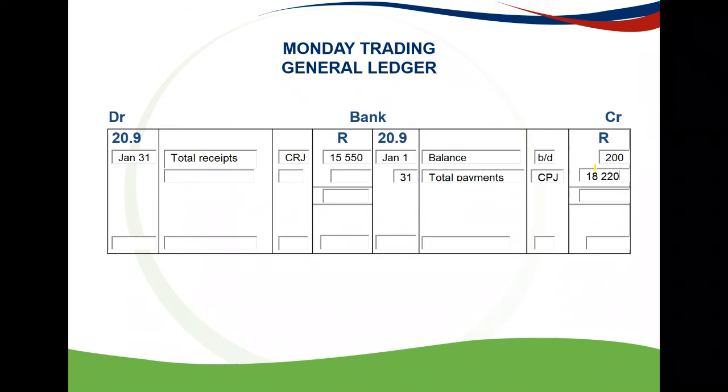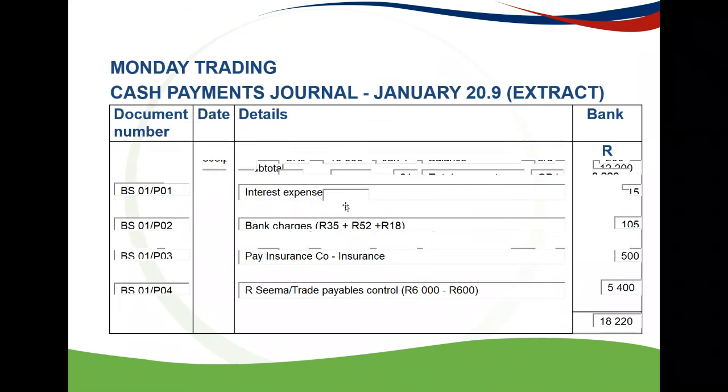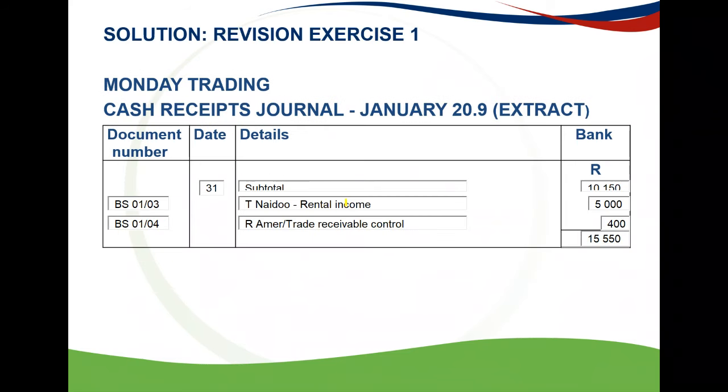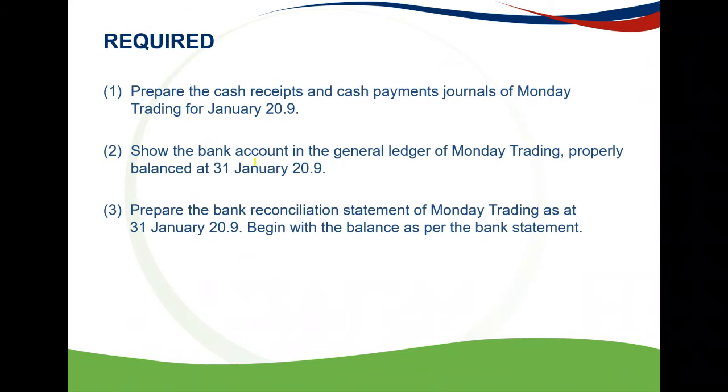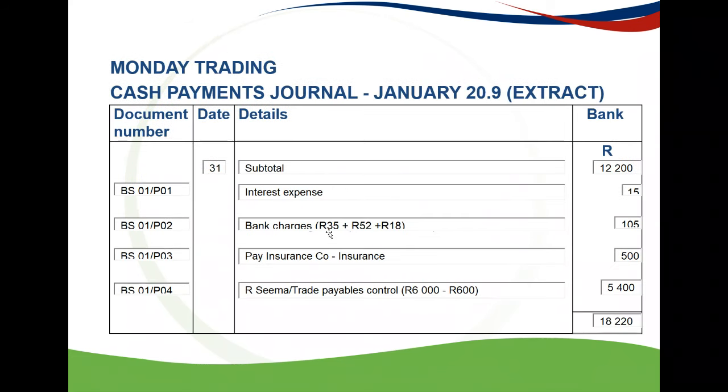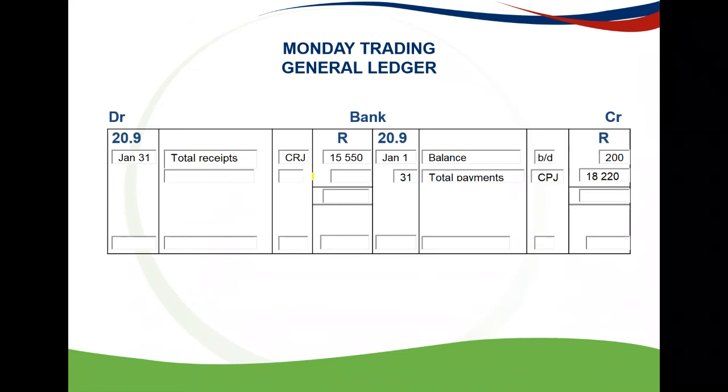Now, after I've done this, I must balance, because the question said I must show the bank account in the general ledger of Monday Trading properly balanced at 31st of January, because we need that balance when we're going to prepare the bank reconciliation statement. So we must now balance our bank account.